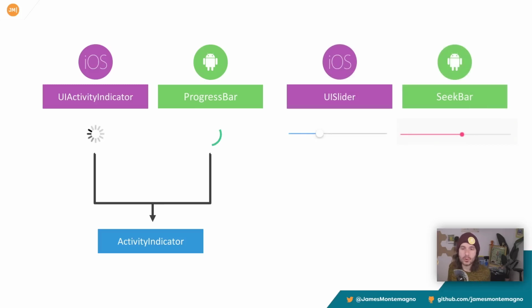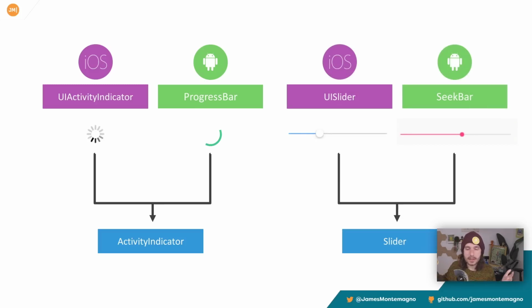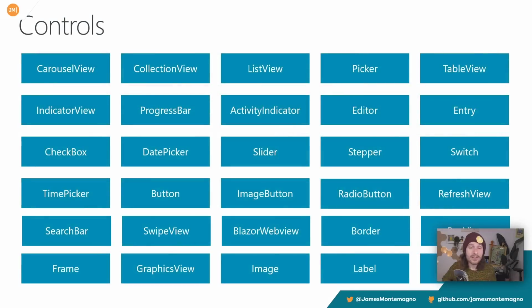Same thing with other controls like sliders, for example. You get your sliders, your seek bars, and it is a single common API with common properties, common events, and a lot more. And there's tons of different controls that are in there. Things from really advanced controls like carousel view and collection view, where you can display tons of information, to simple controls like entries and switches and date pickers and checkboxes and buttons.